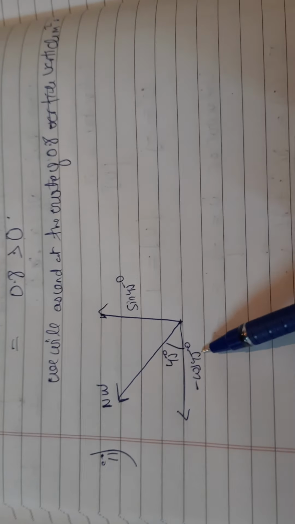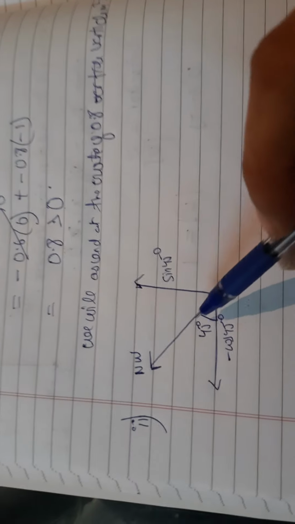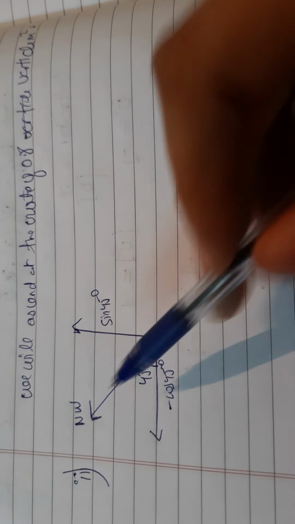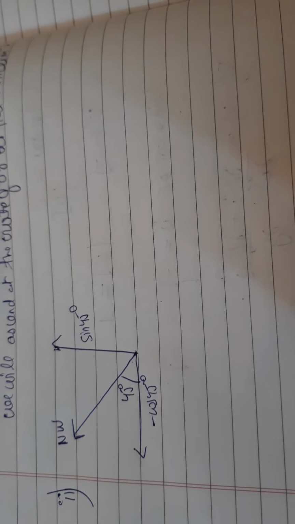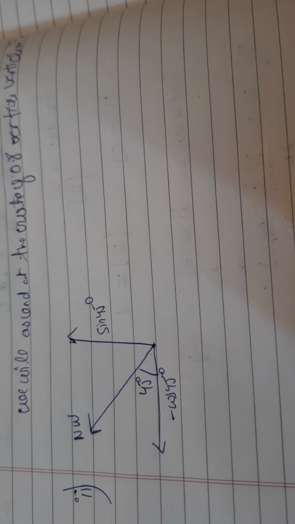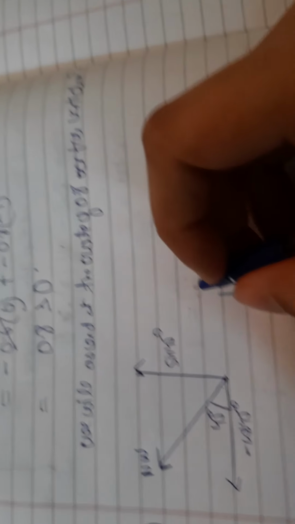Now we have the second part, where we have to travel in the northwest direction and find out whether we will ascend or descend. So now we have to break it into components.